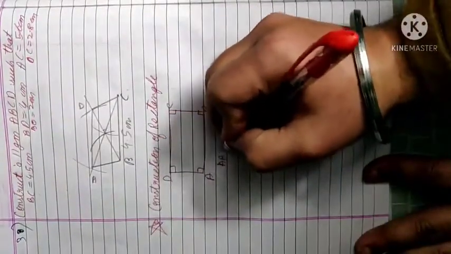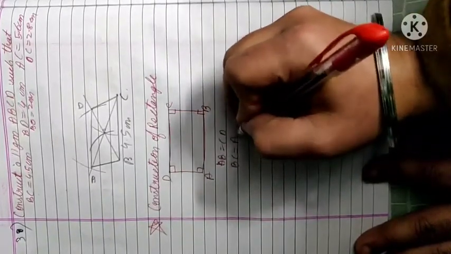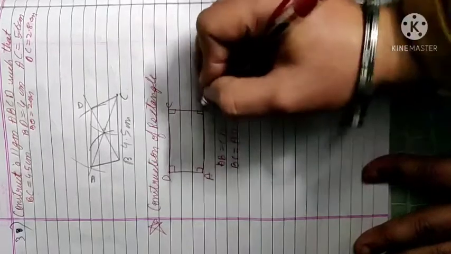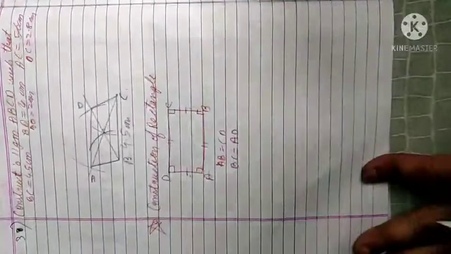Here AB is equal to CD, opposite sides are equal, and BC is equal to AD. Opposite sides are equal. This equals this and this equals this.